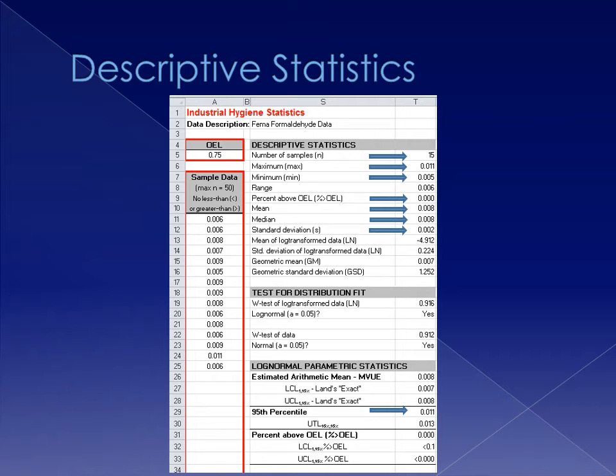Next, look at the minimum and maximum values, which will tell you about the spread of your data. E.g., do you have a wide range between the min and max sample results? Then look at the mean and the median. This will provide you with information on the central tendency of your data set.